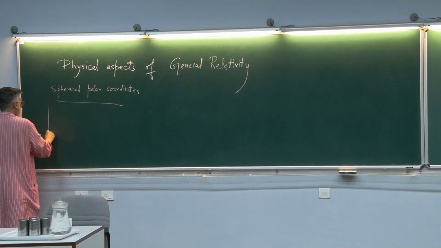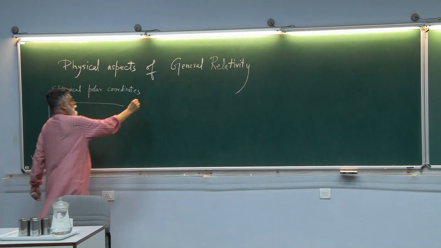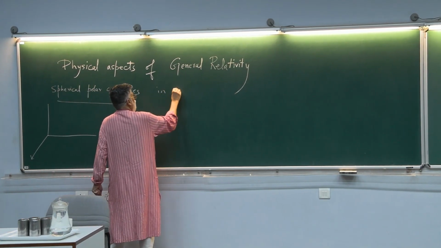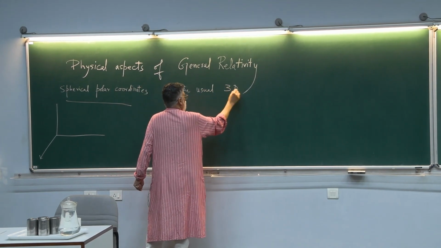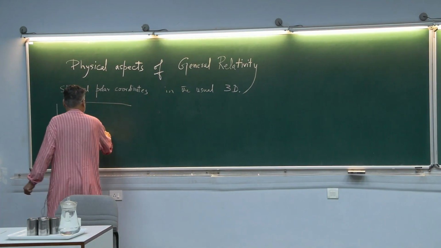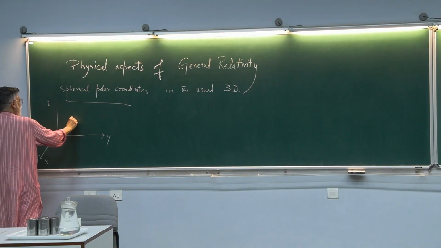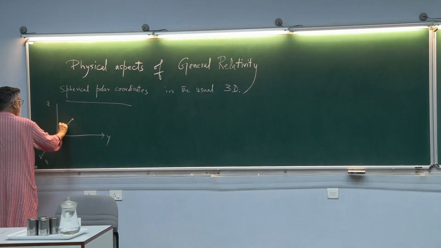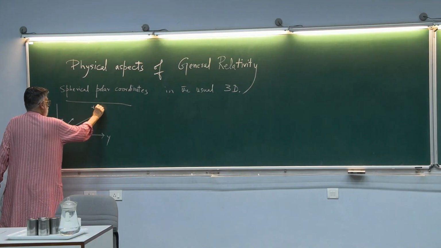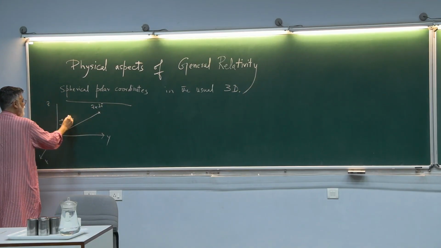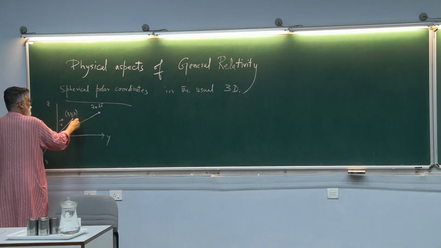There we have your usual 3-dimension. And let's take one point at position vector r and another point at position vector r plus dr. So in Cartesian coordinate system, this point will have coordinates x, y, z.